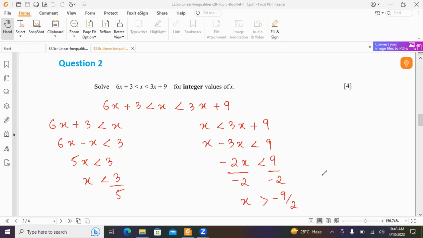So x is less than -0.6 and x is greater than -4.5.